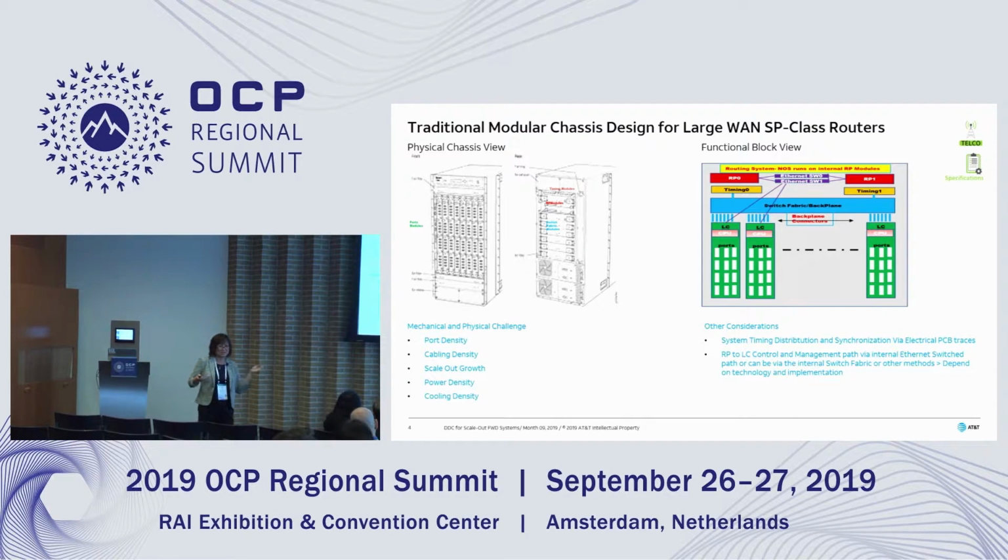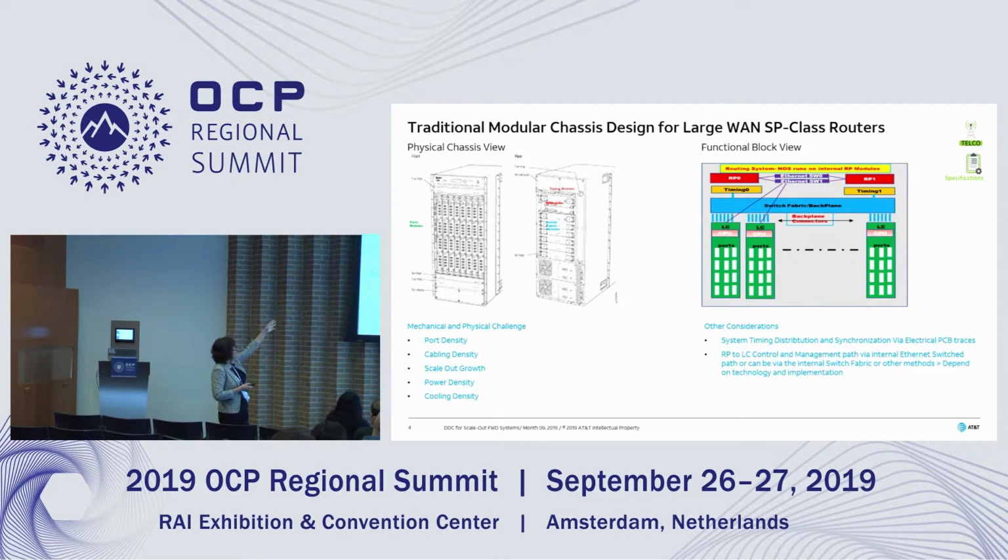Okay, so what is this about? As I said, traditionally, a service provider like AT&T deploys a large chassis router that is monolithic, built by the traditional ODM. What you are seeing here on this chassis is that all those on the top are the line cards that you plug in.